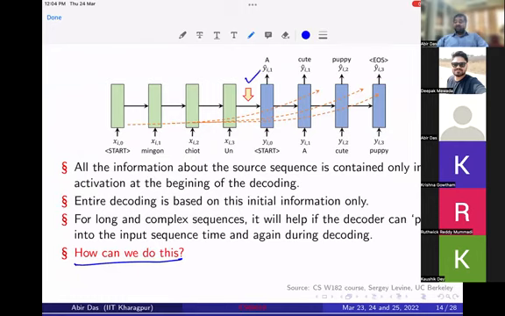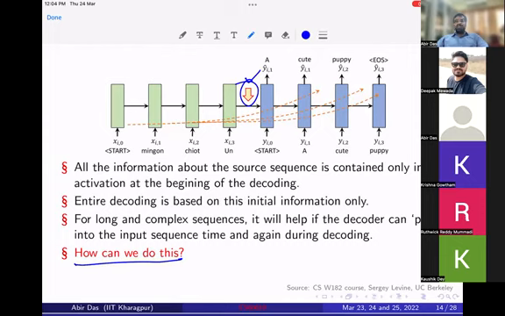From that the decoder needs to figure out what is the subject, what it is referring to, which verb is connected to the subject, and something similar to this.